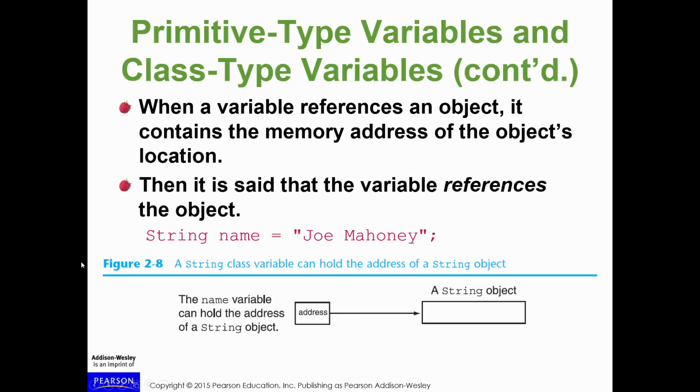But when you say String name equals Joe Mahoney, rather than holding Joe Mahoney in memory, it holds the address of where Joe Mahoney is. So when you work with an object and you make a change to the object, it's a permanent change because you're working with memory addresses.